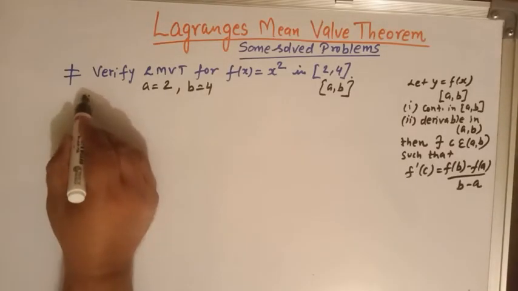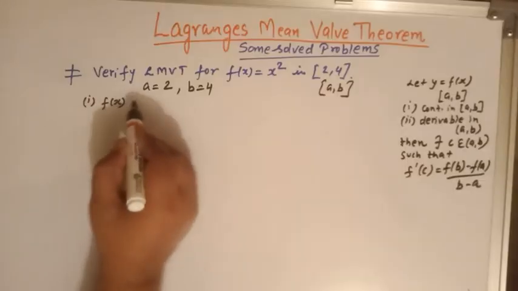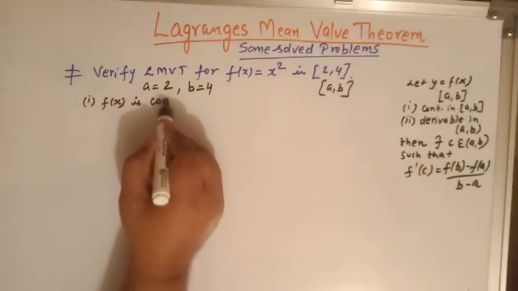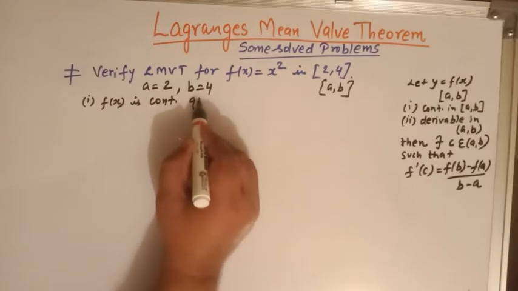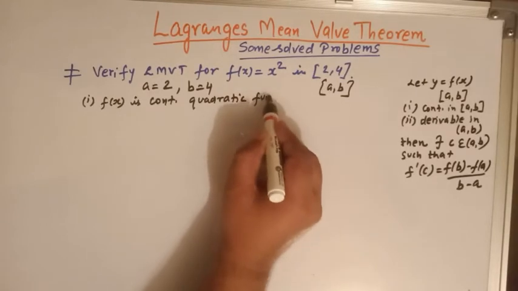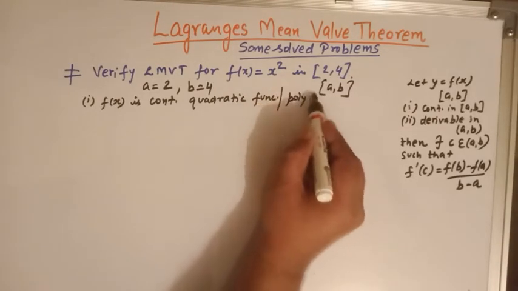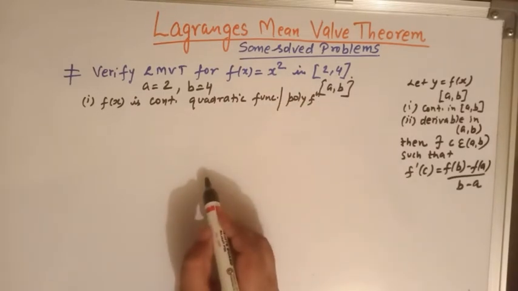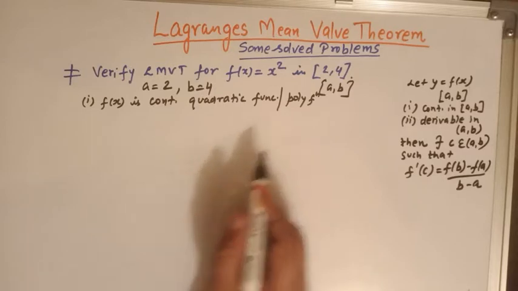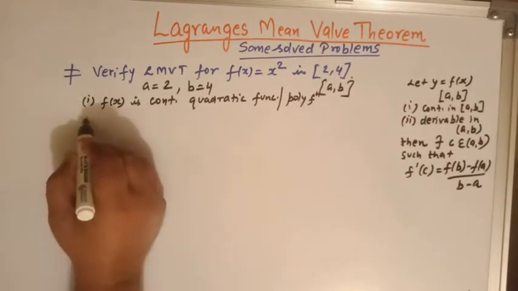Now the first condition is this function f(x) is continuous. Why? Because it is a quadratic function, or we can say it is a polynomial function, and all polynomial functions are continuous in their domain. Clear? So therefore f(x) is continuous.